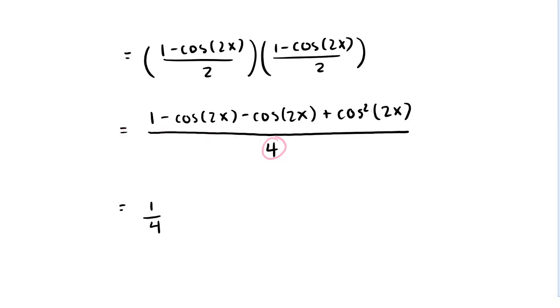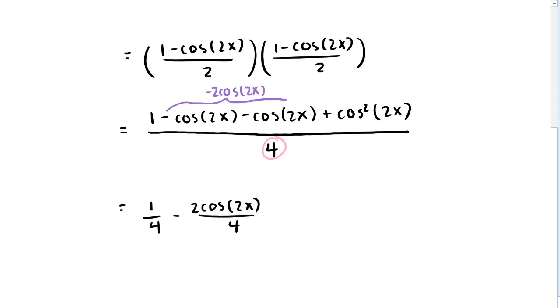And so here we have minus cosine of 2x minus cosine of 2x. This is negative 2 cosine of 2x. And so I can write this as minus 2 cosine of 2x divided by 4. And then lastly, we have this cosine squared of 2x divided by 4.